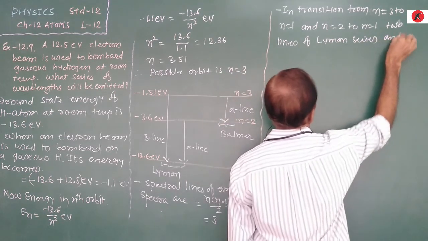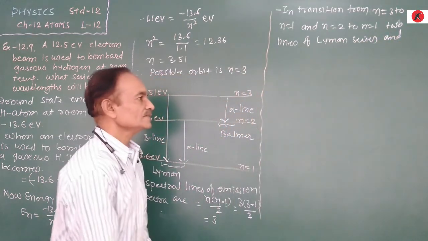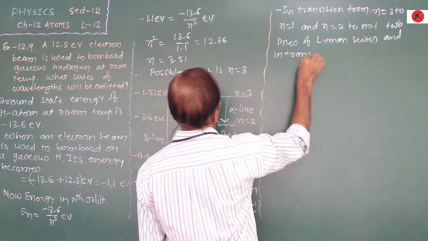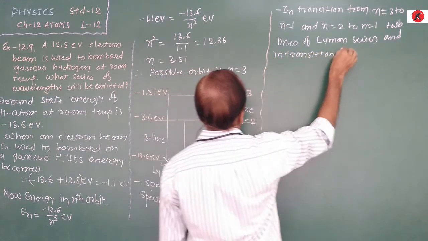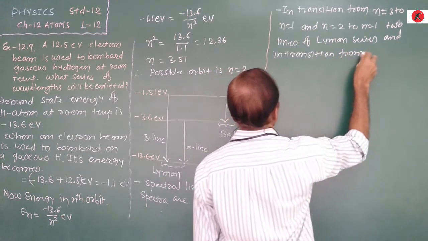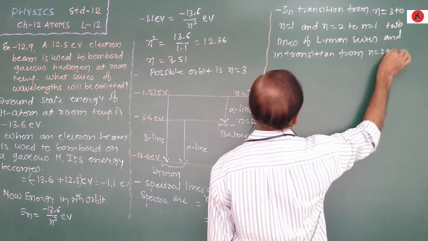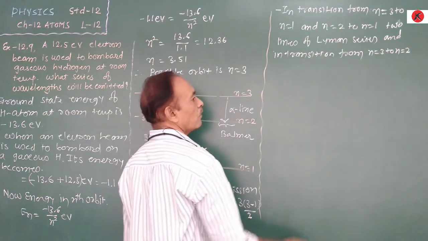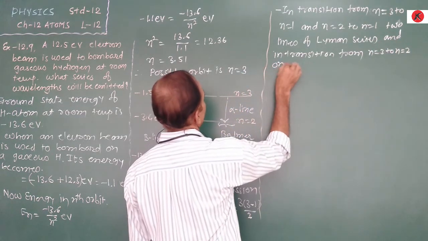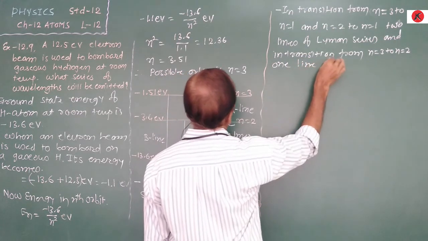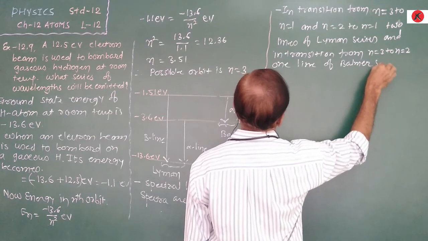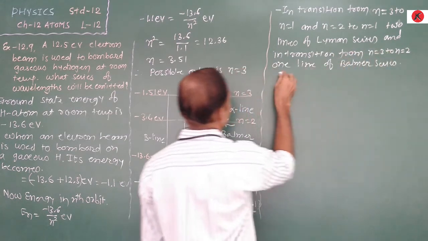And in transition from n equal to 3 to n equal to 2, one line of the Balmer series is obtained.